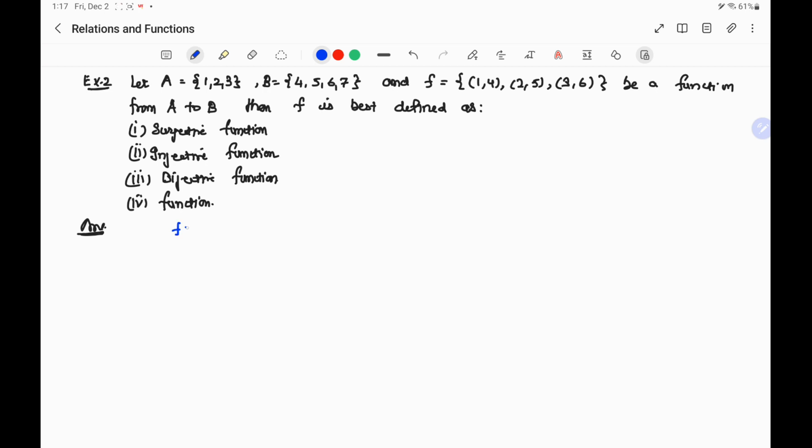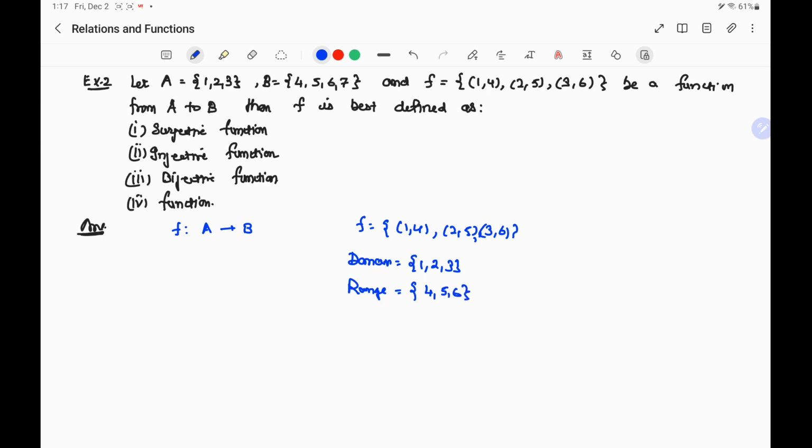Here the function is f from A to B. The function has the elements (1, 4), these are ordered pairs, (2, 5) and (3, 6). The set of first elements of the ordered pairs gives the domain, so the domain is {1, 2, 3} and the range is the second elements of the ordered pairs, that is 4, 5 and 6.